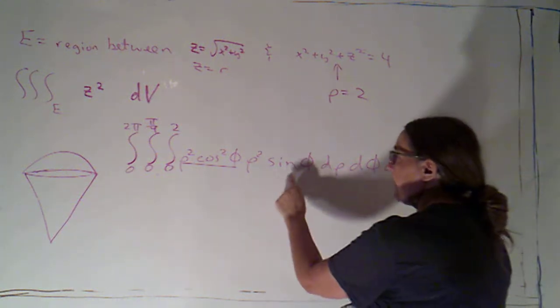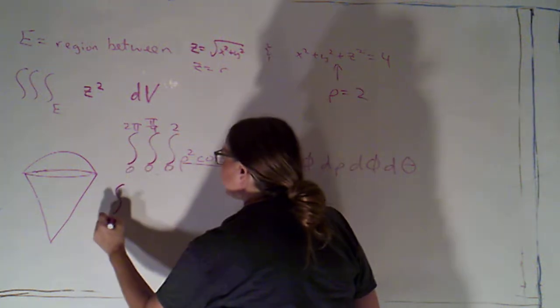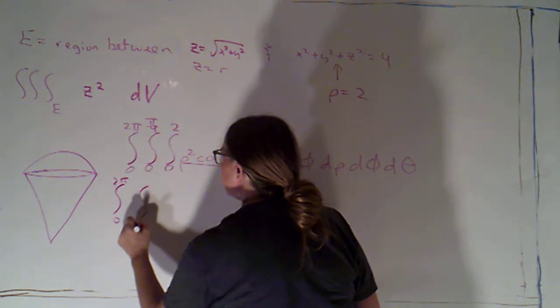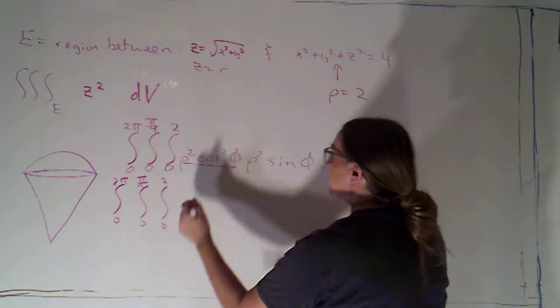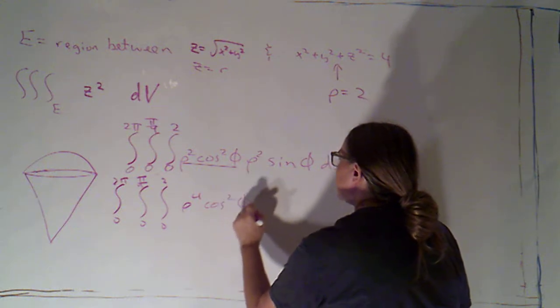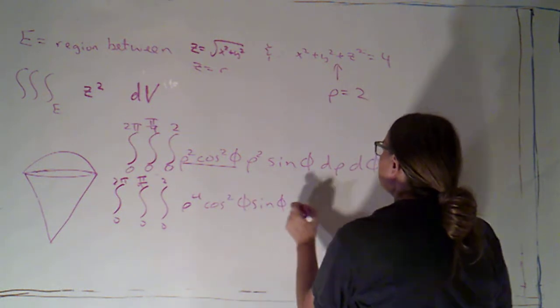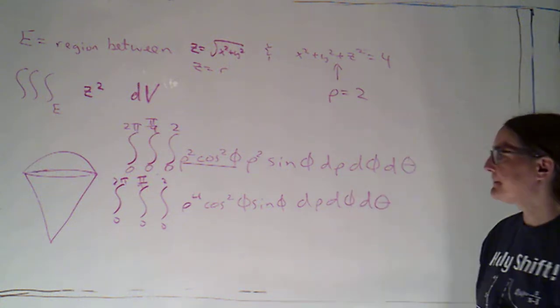Before I'm ready to integrate, I generally want to multiply this stuff together. So I can say this is from 0 to 2 pi, 0 to pi over 4, 0 to 2. Looks like I've got a total of rho to the 4th, and then cosine squared phi sine phi, d rho, d phi, d theta.